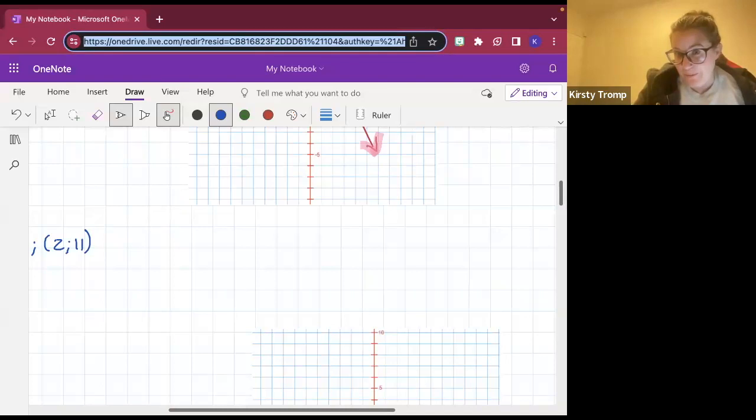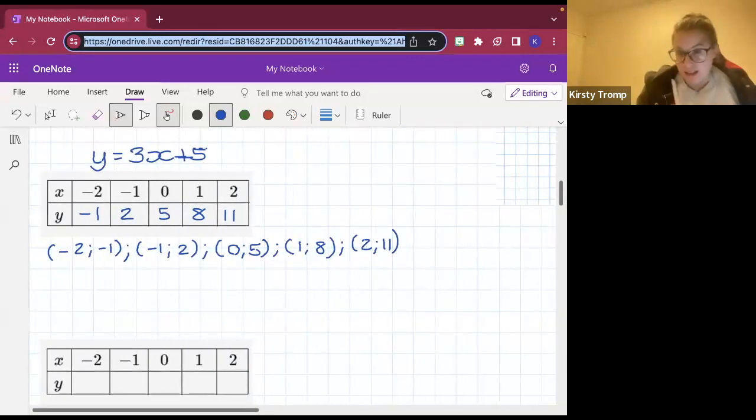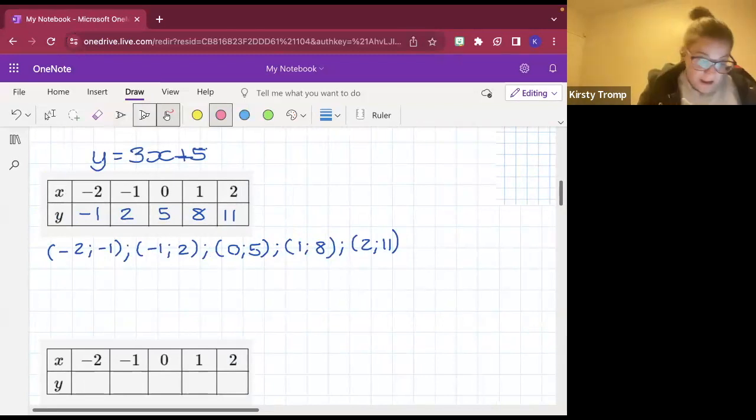Okay, for the next one. All right, guys. For this graph, we are definitely going to have a positive sloping graph. The reason why I already know that before I even draw the graph is because if I look at the gradient of this graph, the fancy word, the gradient of the slope, I can see that it has a positive gradient.